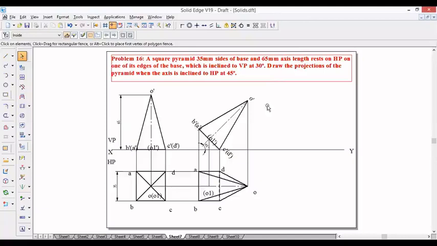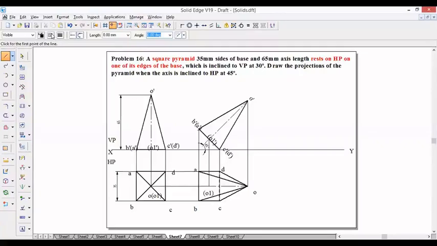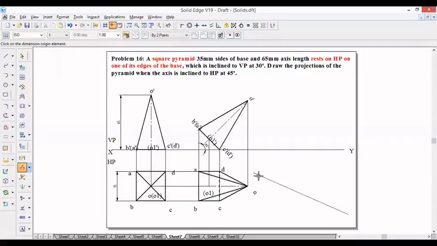Now the third condition is that the resting edge, the edge on which the solid rests, is inclined to VP at 30 degrees. So take a construction line, 0.13 thickness, and give the angle 30 degrees to VP.